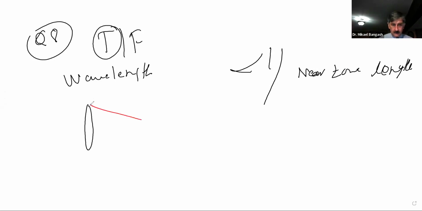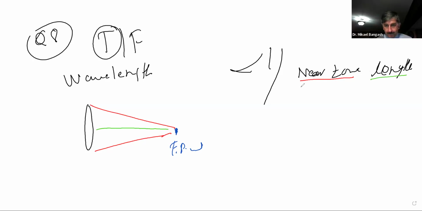This here was your near zone, at which it ends up at a focal point, where this length of your near zone becomes your focal length.